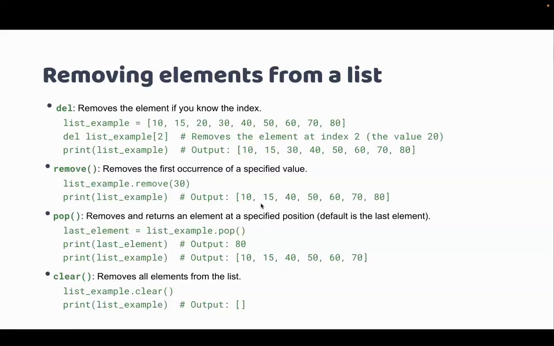So if we have the original list over here, and we want to save the element we just removed, we can use the last element variable over here and assign it with the pop method. By default, it will remove the last element if we don't pass any parameters in it. But if you do have a specified position, you can pass the index into it. This way can remove the 80 and also save the 80 into the last element variable, which is defined over here.